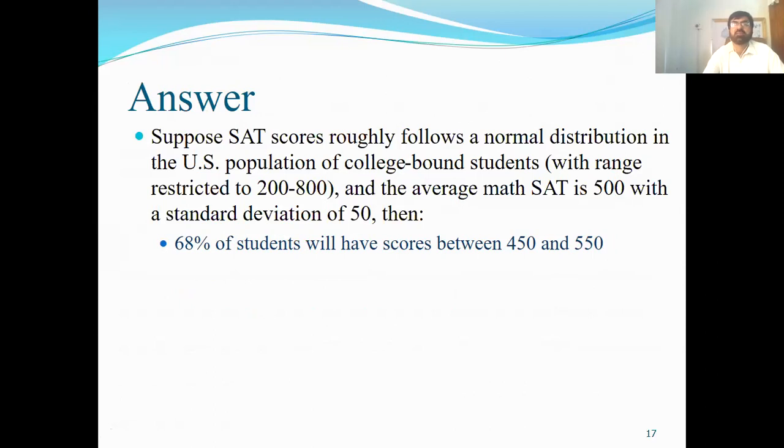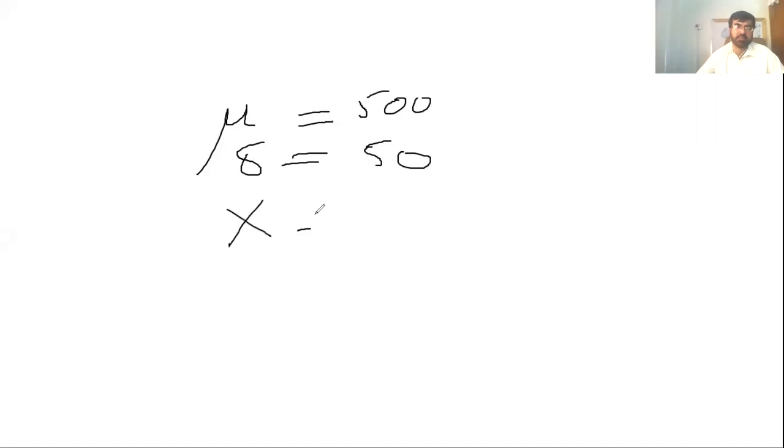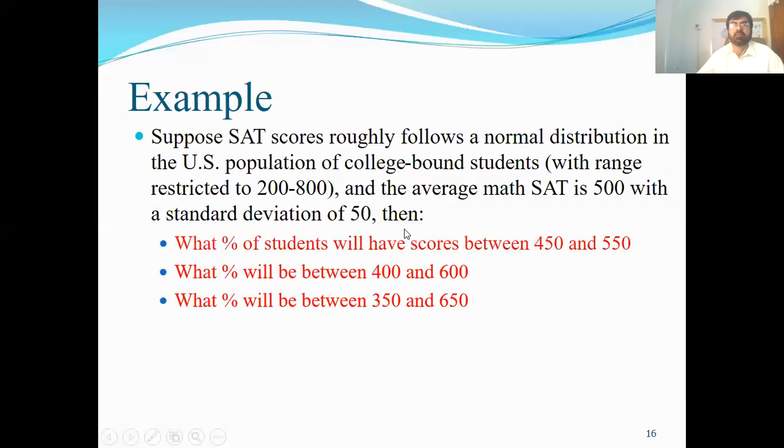If the mean is 500 and the standard deviation is 50, let's do it. Mu is 500, standard deviation is 50, and x1 and x2 are 450 and 550, 400 and 600, 350 and 650.